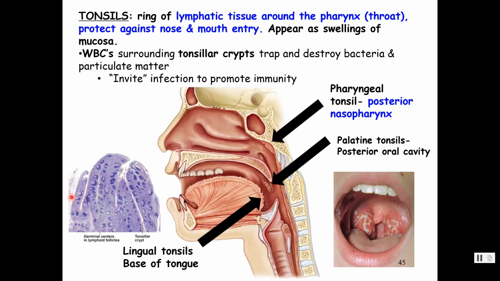It's kind of playing a little dangerous game there, but just protecting against nose and mouth entry for both air and also food. So things get stuck in those crypts, and then our immune fighters are just waiting right there.